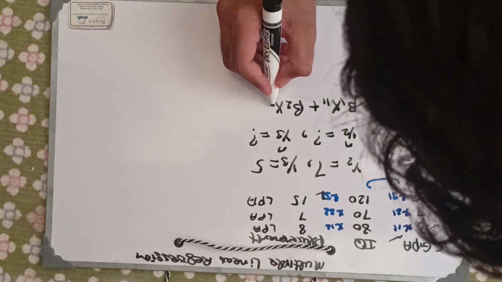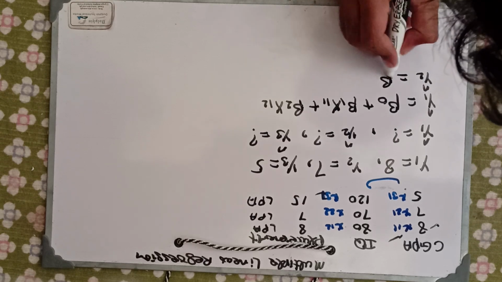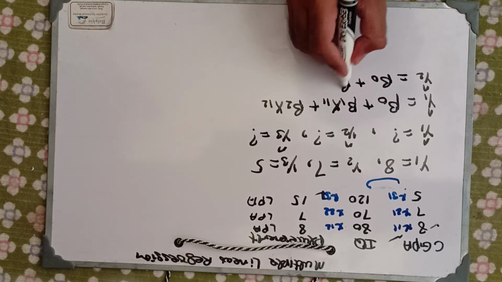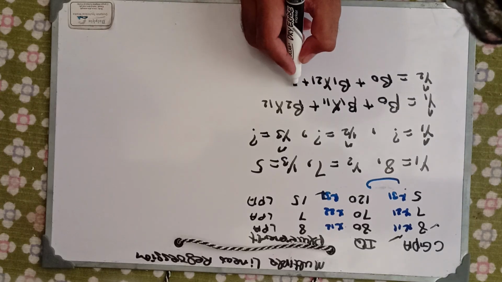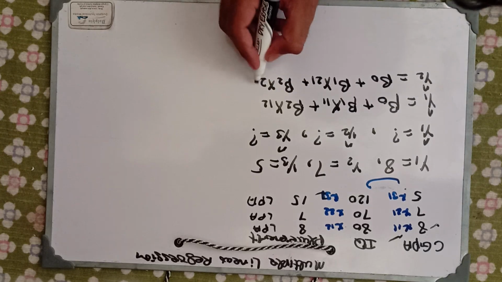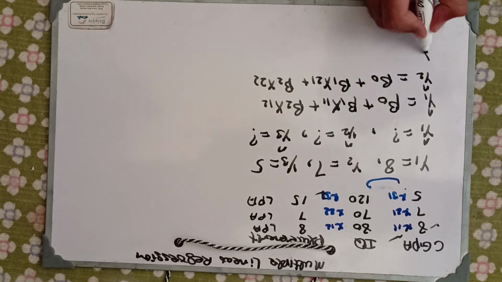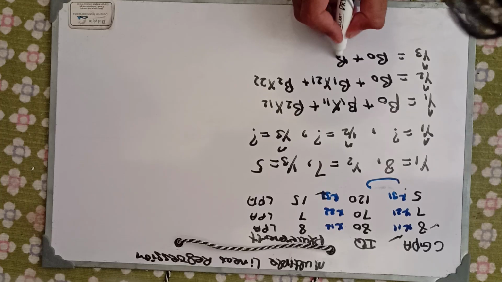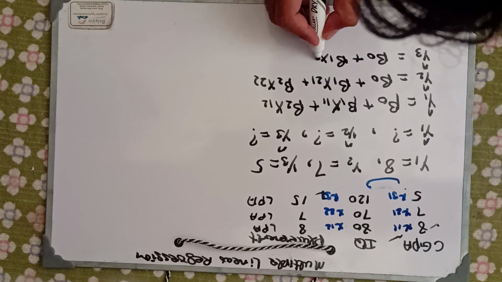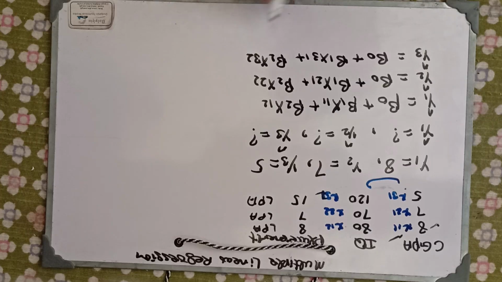In the same way, if we calculate y2 hat, it will be beta of 0 plus beta of 1 x 2 1 plus beta of 2 x 2 2, right? And in the same way, y3 hat will be beta of 0 plus beta of 1 x 3 1 plus beta of 2 x 3 2, right?